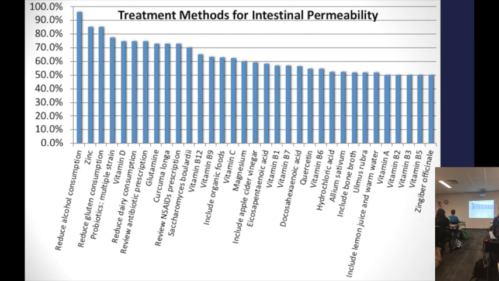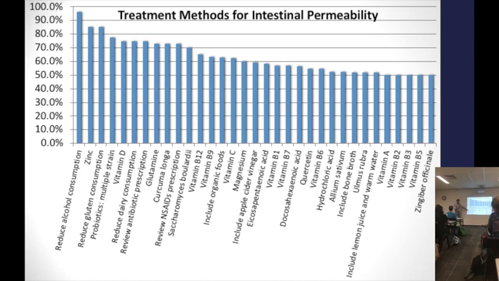All right, before we look at the individual treatments, from the study that we conducted last year, these are the most frequently used dietary, lifestyle, and supplement treatments used by naturopaths and nutritionists to treat intestinal permeability. First, of course, reduction of alcohol, followed closely by zinc.